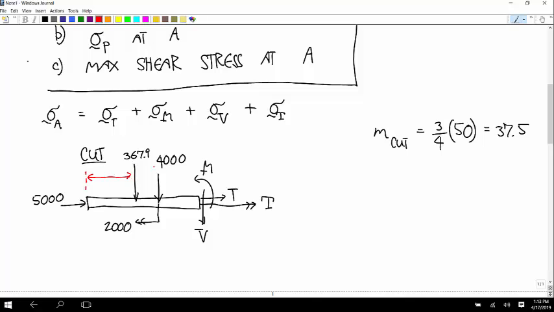That's half of the length of this whole thing. Our cut is 0.75 meters, so this is 0.375. And this distance is 0.5. And the whole thing is 0.75.